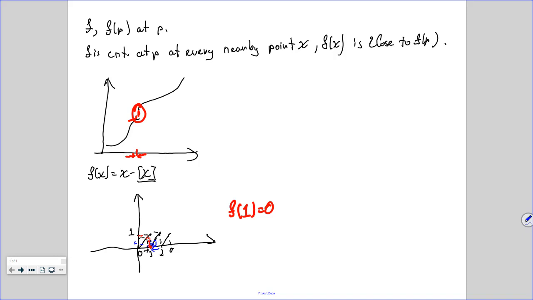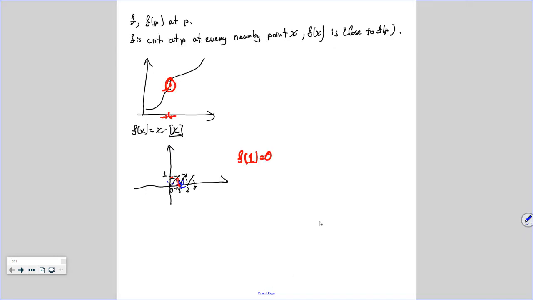In a case like this, the function is called continuous from the right at 1 and discontinuous from the left at 1. To have continuity, it is required to have both continuity from the left and from the right.